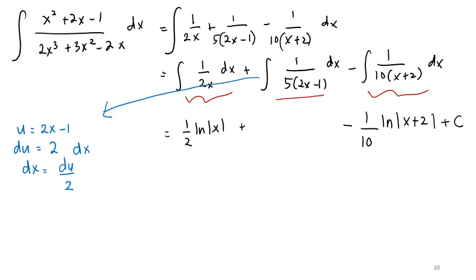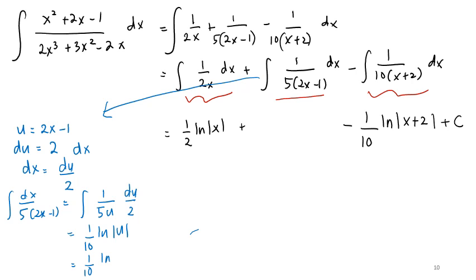When you integrate 1 over 5(2x minus 1) dx, it's the same as integrating 1 over 5u du over 2, and you get 1 over 10 ln u. Then you put it back in terms of x, 1 over 10 ln of 2x minus 1, and put it back inside the middle equation here.